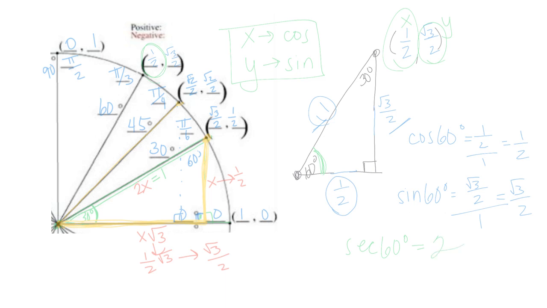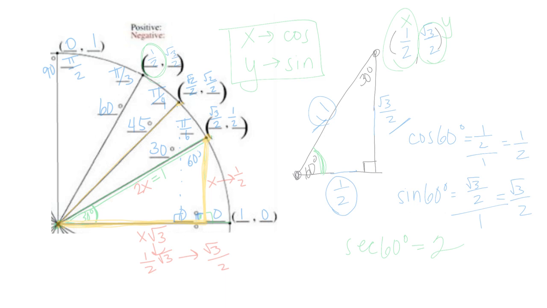So I don't have to go making special right triangles every single time or make a reference triangle every single time. If I know these terminal points, I can do it just by picking out either the x or the y coordinate. Same thing for cosecant. If I want a cosecant of 60 degrees, I would just take the reciprocal of sine of 60 degrees, which is the y-coordinate at 60 degrees.